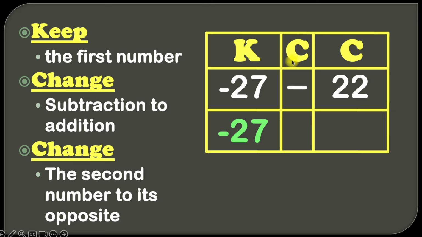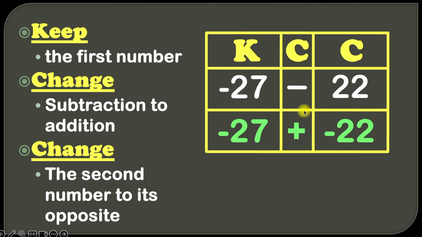This first C stands for change, so I'll change subtraction into addition. And this C also stands for change, so we're going to change this positive 22 in the box to its opposite, which is -22.